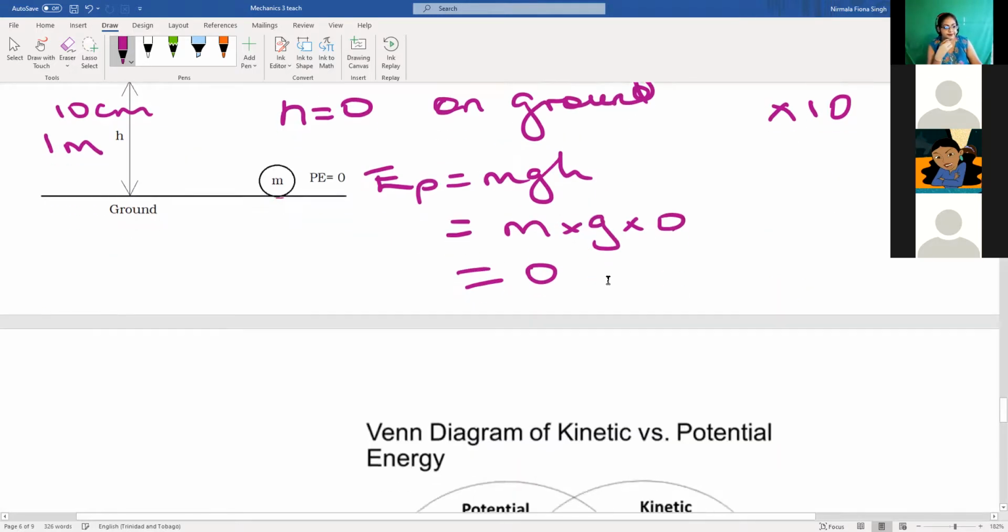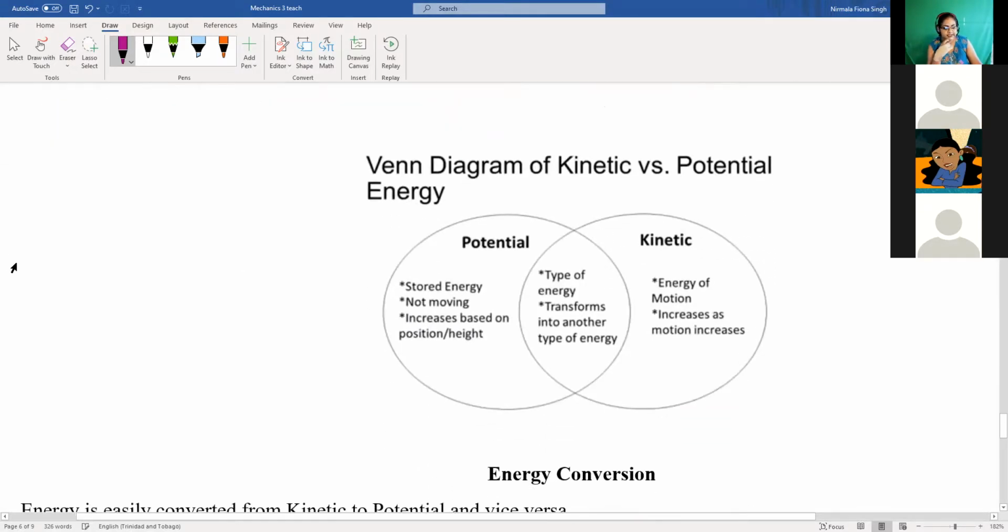All right. So that's how we have potential energy and kinetic energy related to each other. Potential energy is stored energy. This is the energy when an object is not moving. Well, not really, but if you're holding an object above the ground, it's not moving, it has stored potential energy.